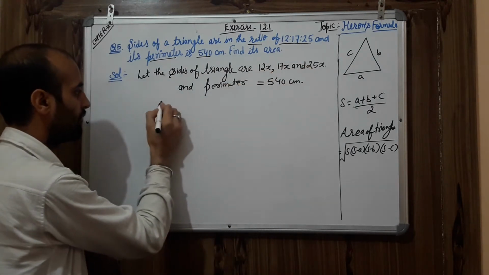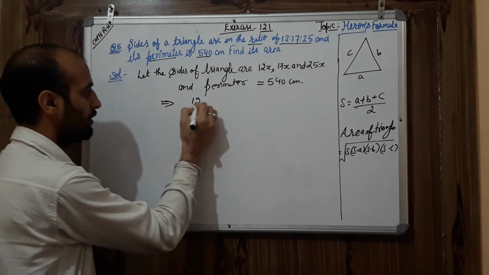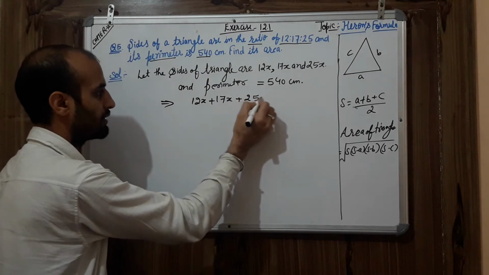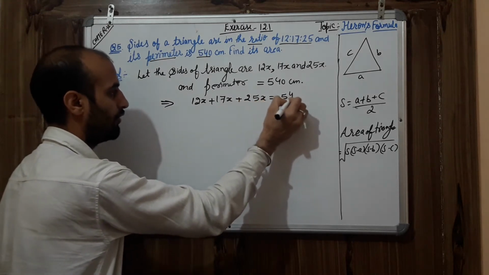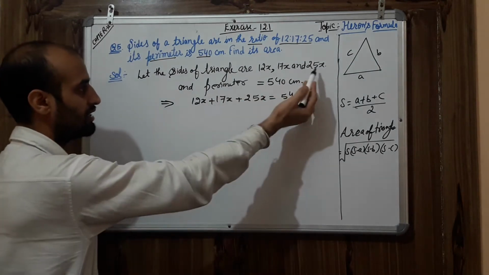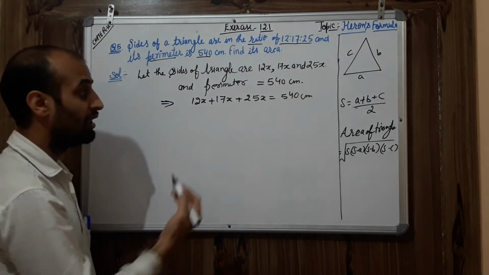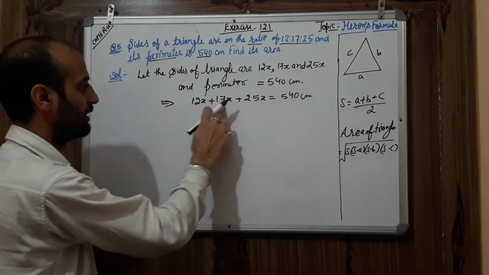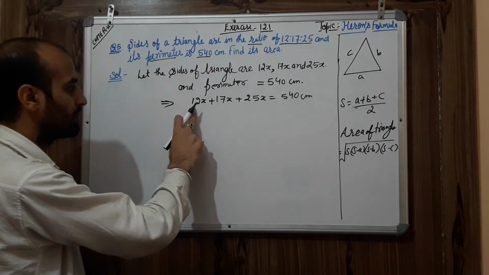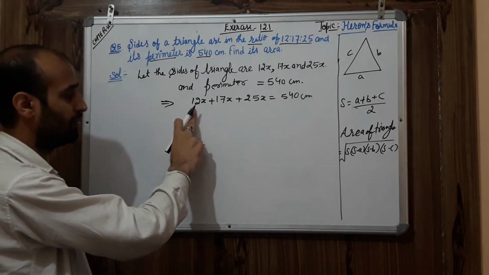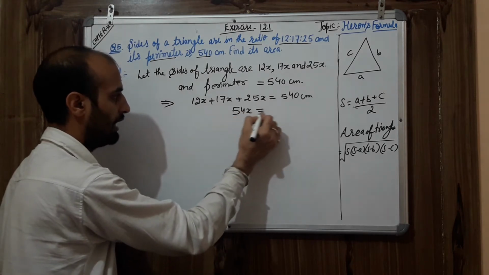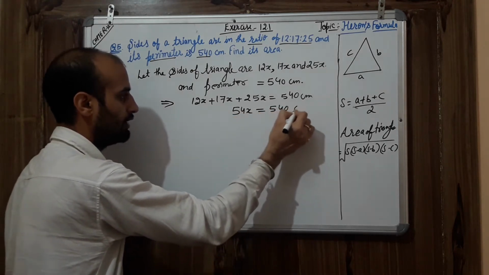So we can write, which implies, 12x plus 17x plus 25x must be equal to 540 centimeter. These are sides, so add them, it must be equal to the perimeter. After that, our next task is to add these: 25 plus 17 plus 12, so we come to know the answer is 54x, and it becomes 540 centimeter.